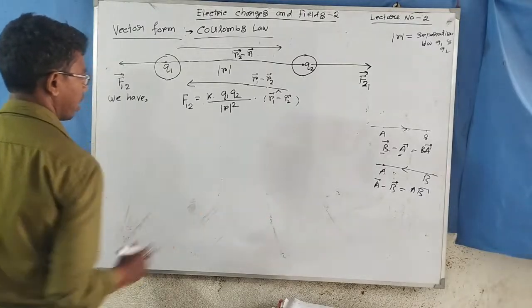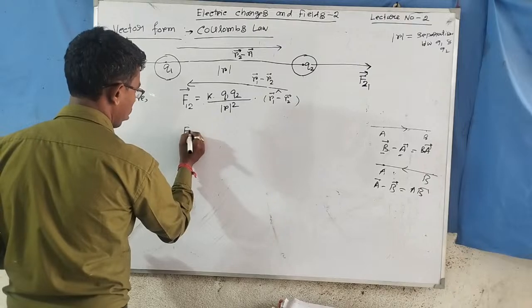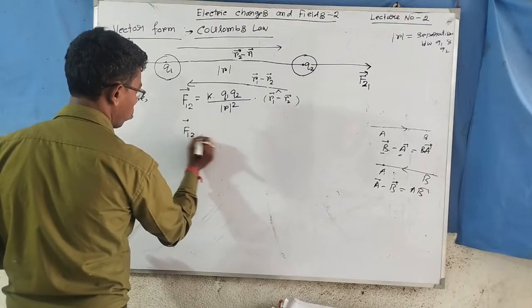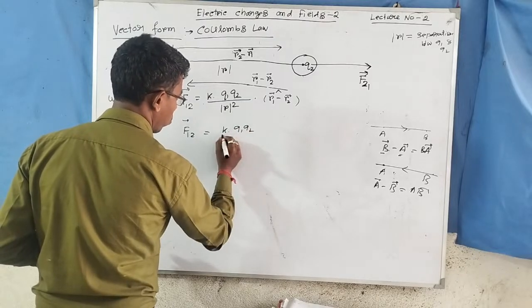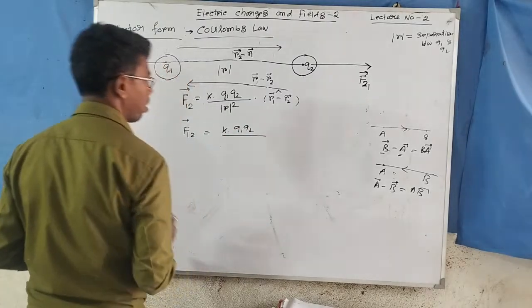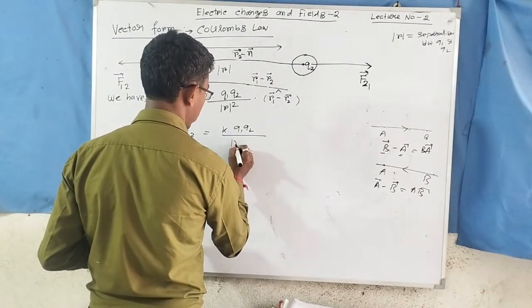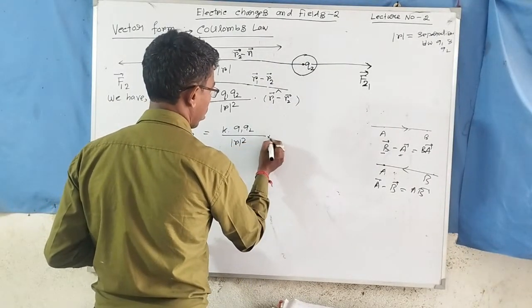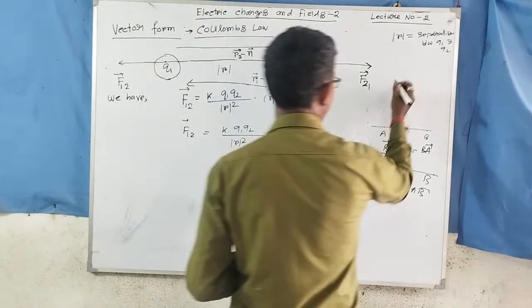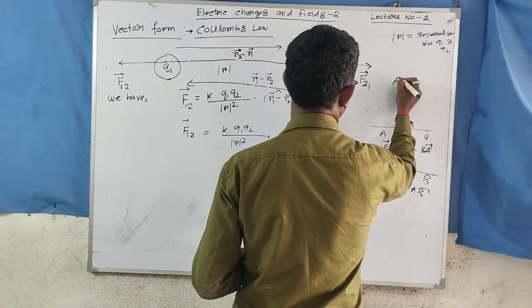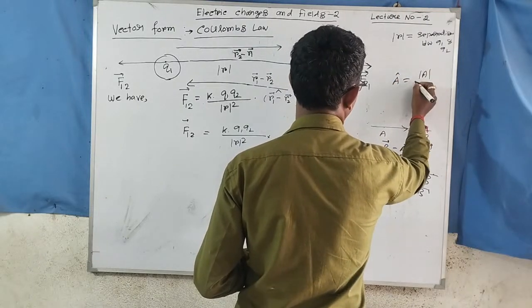Then we write the force vector as K Q1 Q2 upon mod of r square times the unit vector. A unit vector is a cap, a over mod of a, the scalar value.